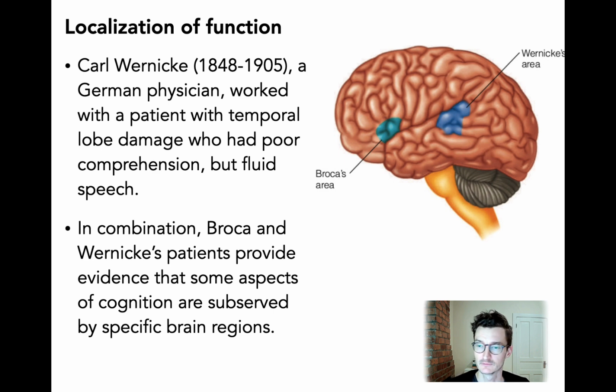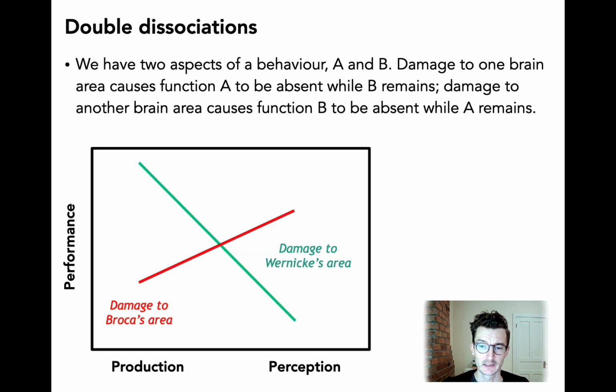In this case, what we call now Broca's area and Wernicke's area. So what's a double dissociation? Well, double dissociations typically come from studying patients who have suffered brain damage and have various deficits in behavior.